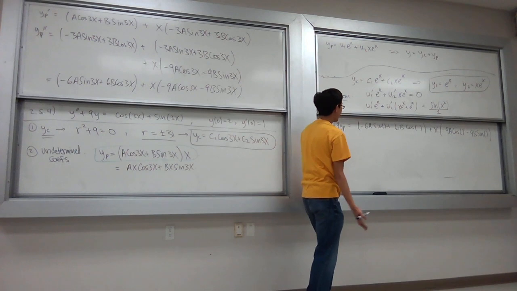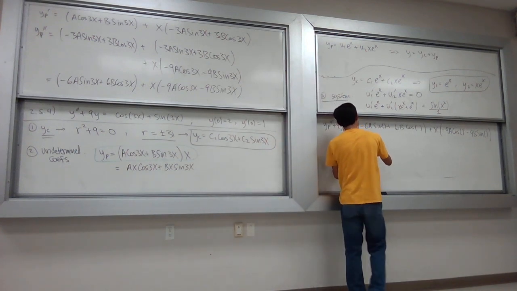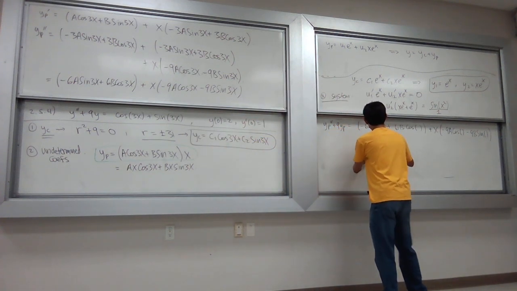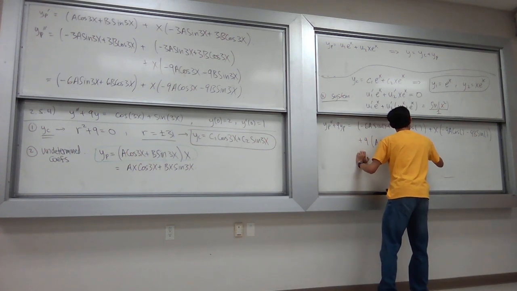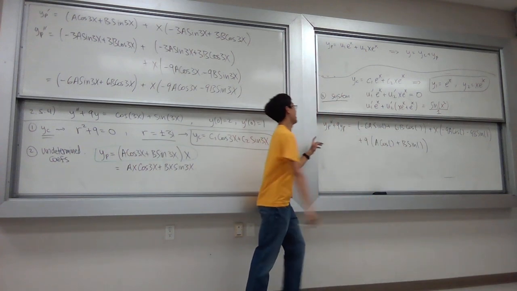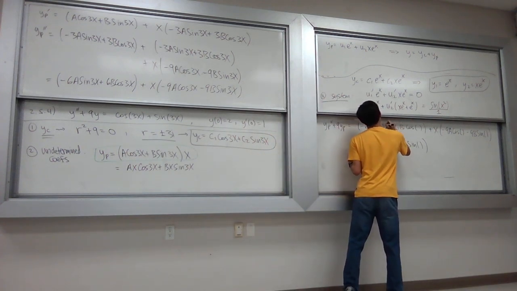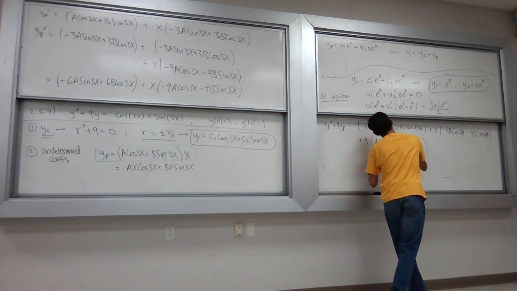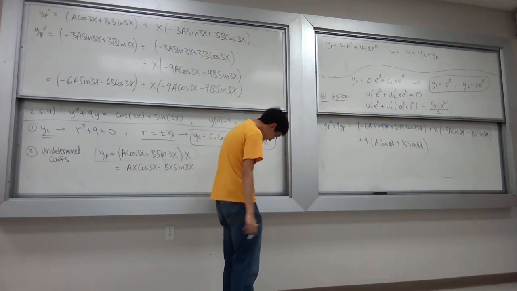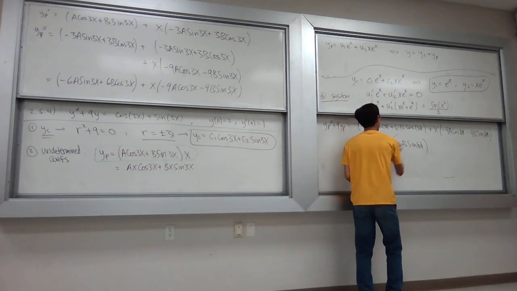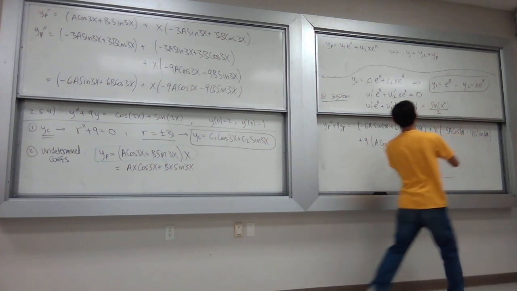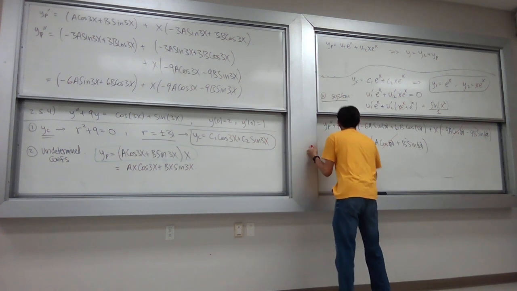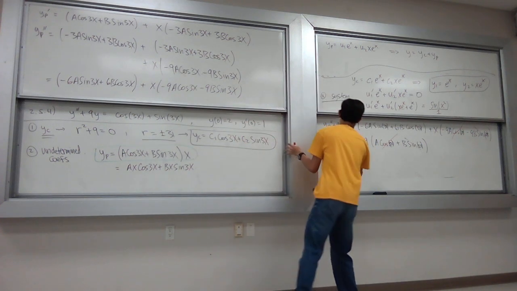And then plus 9 times yp, which is a cosine 3x plus b sine of 3x. Then you can go back and fill in all the 3x's. And notice that this cancels perfectly. And all this has to equal cosine plus sine.